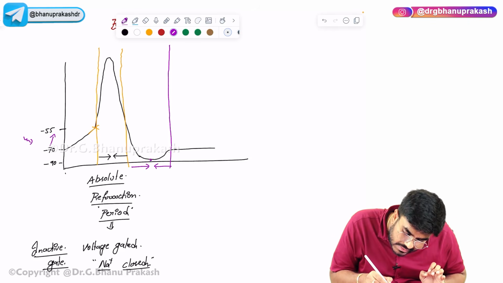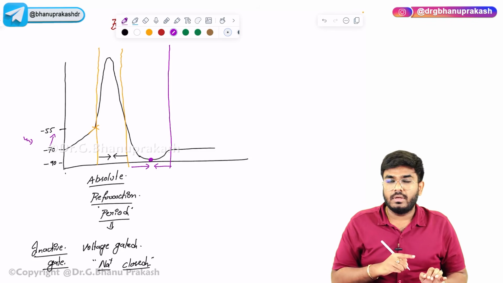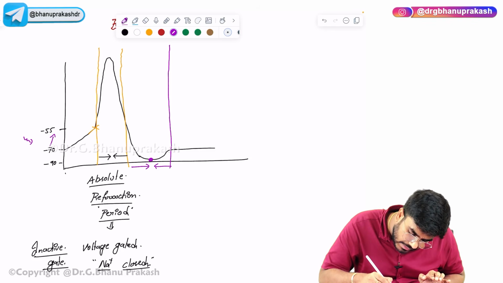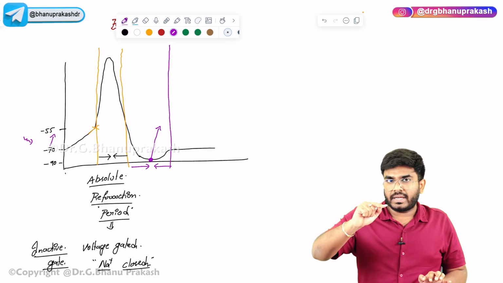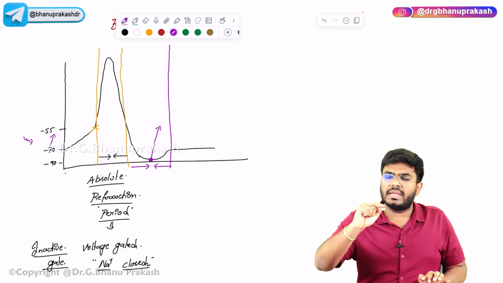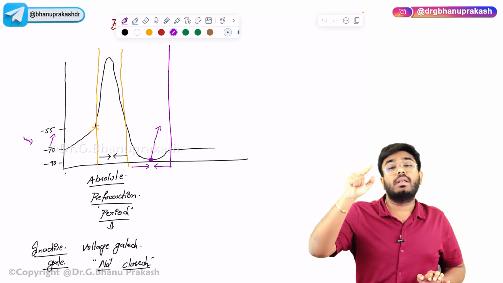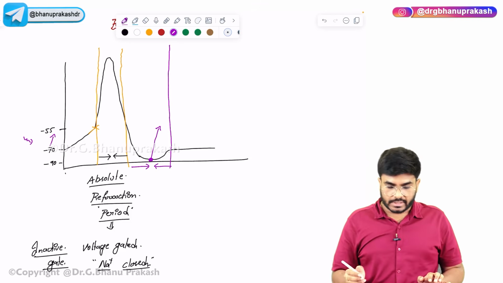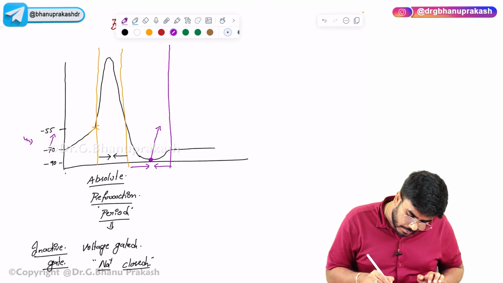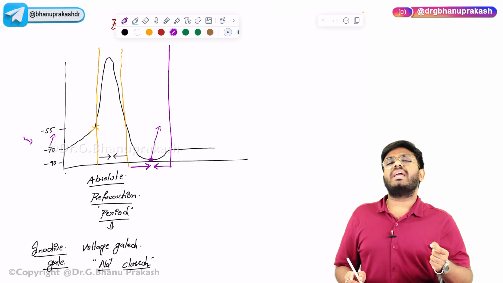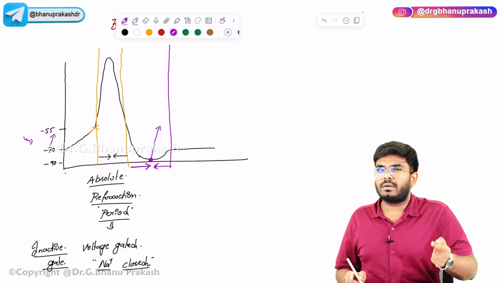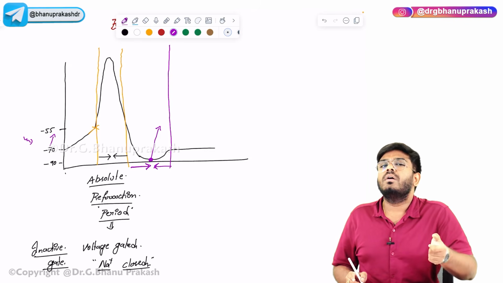But now the membrane is little hyperpolarized, so you have to bring it from minus 90 to minus 55. A new action potential can be generated, but you have to give extra stimulus.